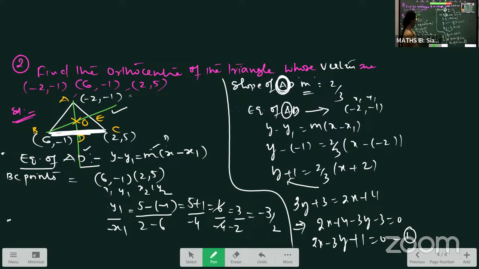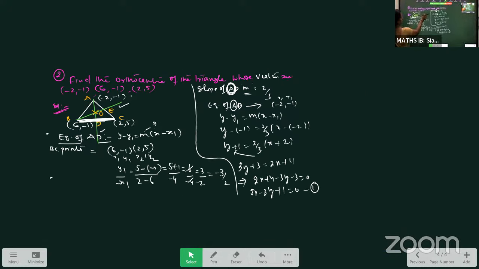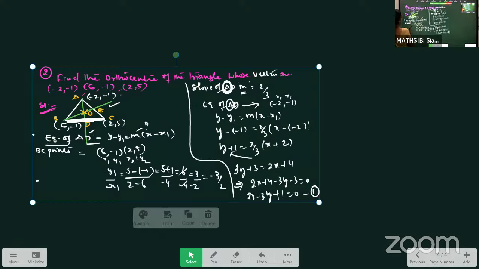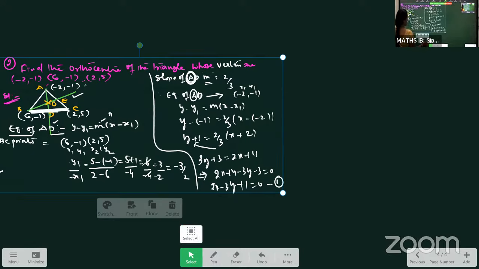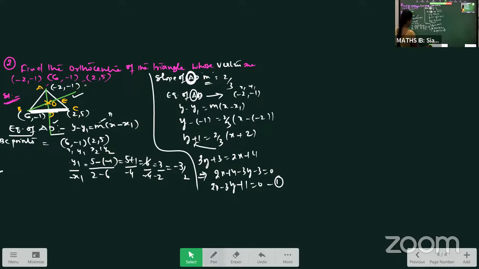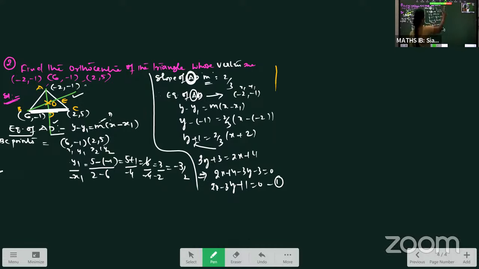Okay, now we are going to find the equation of BE. To get the BE equation, take the slope of AC. We take this slope and make it reverse, then we'll get the BE equation slope.